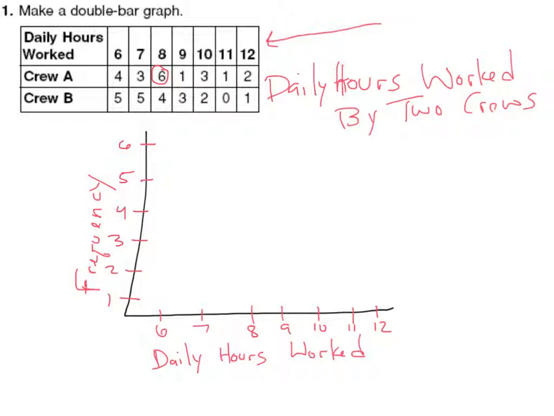All right, so as I look at this now, I'm going to start off with crew A and crew B. Crew A worked 6 hours 4 times. Crew B worked it 5 times. Now, if you notice this, I have my 2 bars, they are connected.